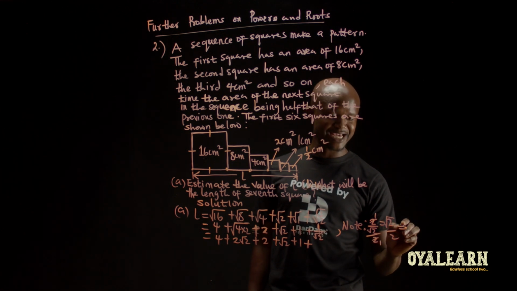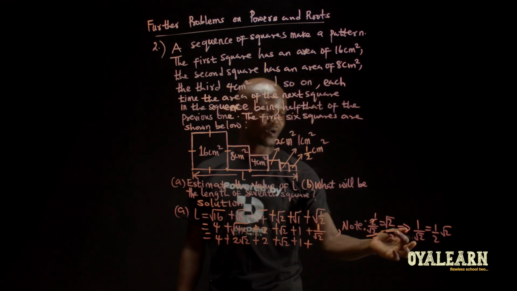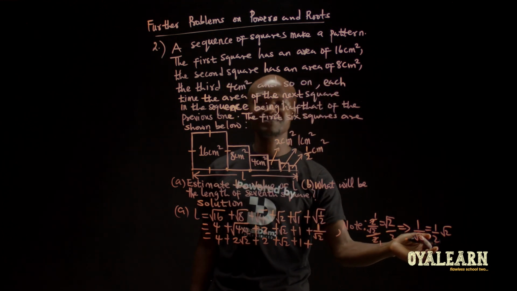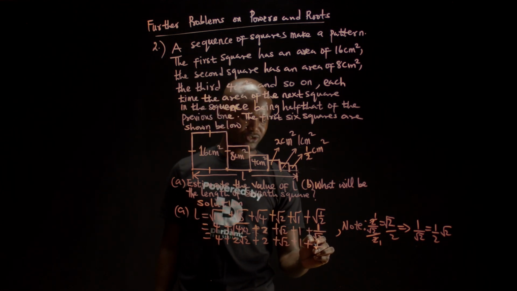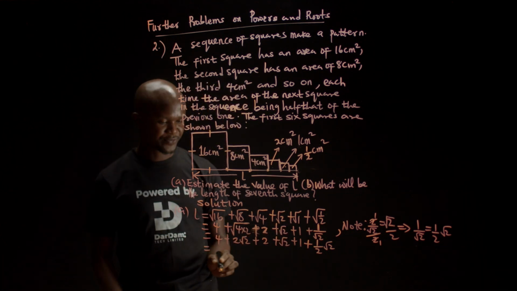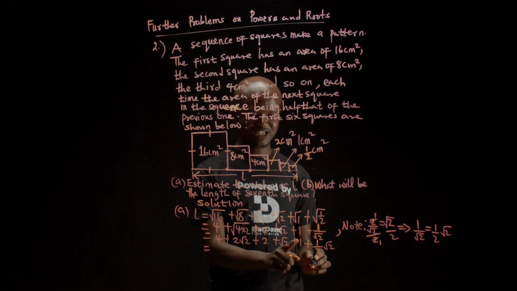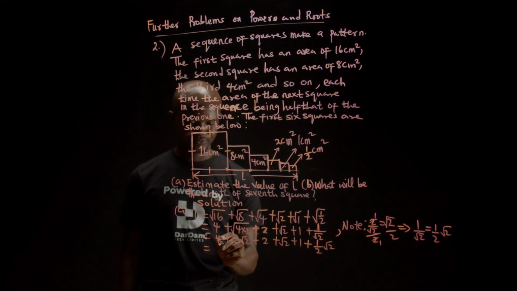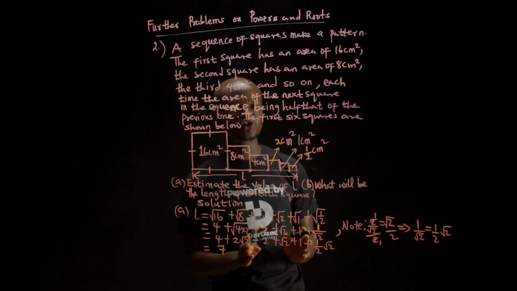So it means that 1 over root 2 will give you 1 over 2 root 2. So in this case, we now have 4 plus 2, that is 6. 6 plus 1, that is 7. So we have 7. That is for those without root 2.